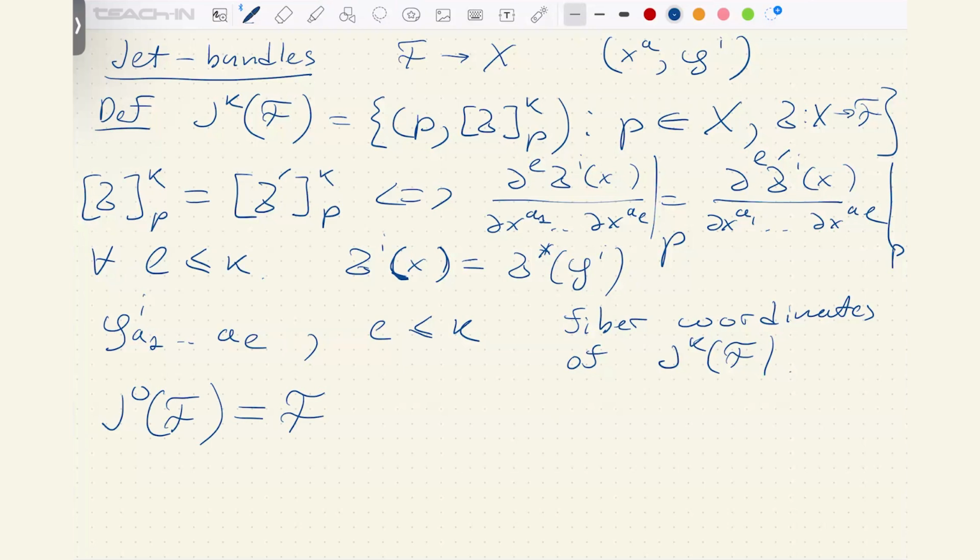But the value of sigma is precisely the point in the fiber. So our jet space in this case is a collection of pairs where p is a point on the base, and this is just a point of the fiber. So this is by definition our fiber bundle.